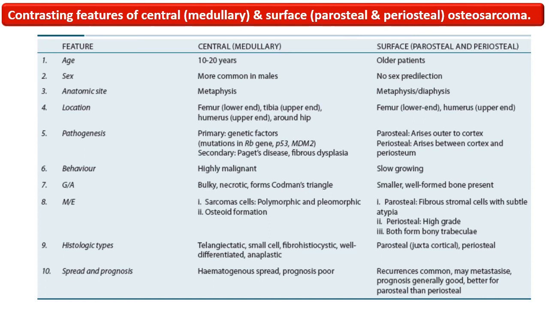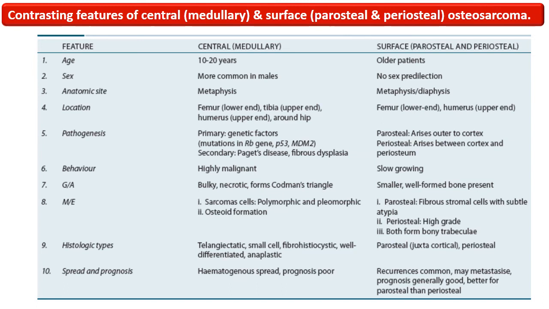The location for the central osteosarcoma is the lower end of the femur, upper end of the tibia, upper end of the humerus, and around the hip joint, while the common site for the surface tumor is the lower end of the femur and upper end of the humerus. The central osteosarcoma has primary and secondary causes, while in the surface osteosarcoma, the parosteal arises outer to the cortex, and the periosteal arises between the cortex and the periosteum.